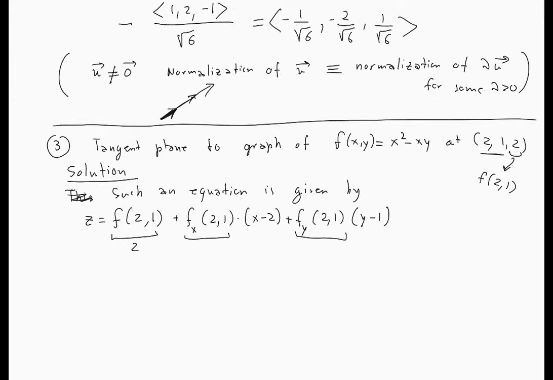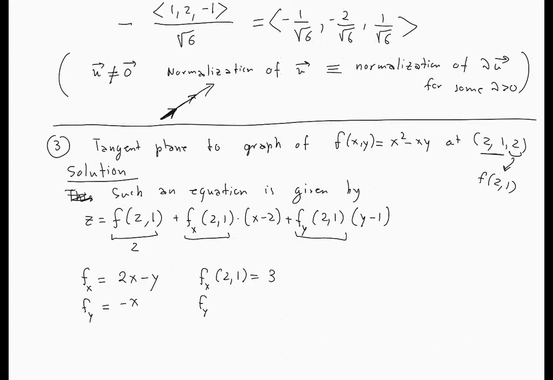Okay, this is quite simple. What is f sub x? F sub x will be just 2x minus y, which means that f sub x at 2, 1 is going to be 4 minus 1, also known as 3, and f sub y is going to be minus x, which means that f sub y at 2, 1 is going to be negative 2.